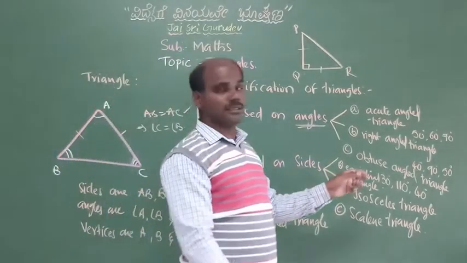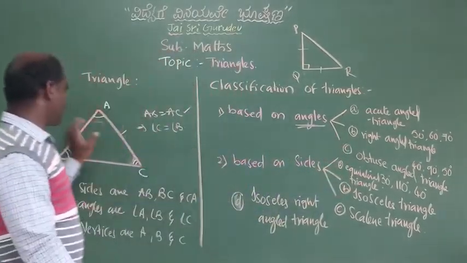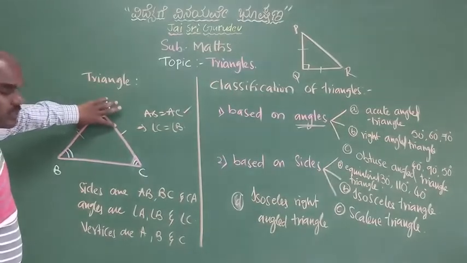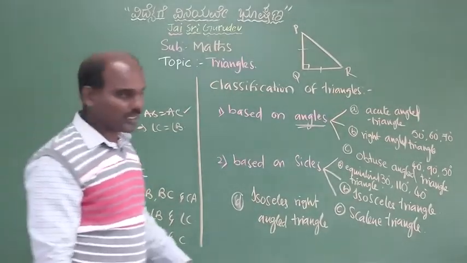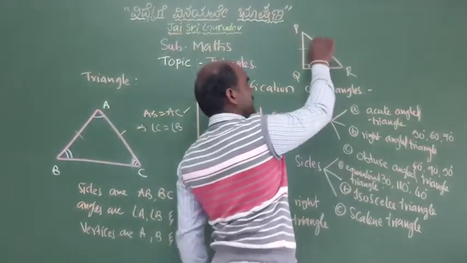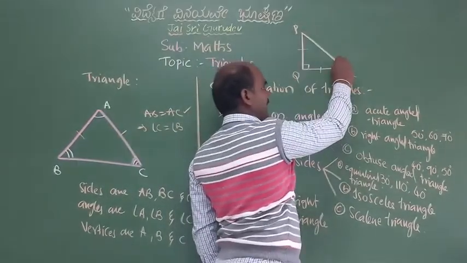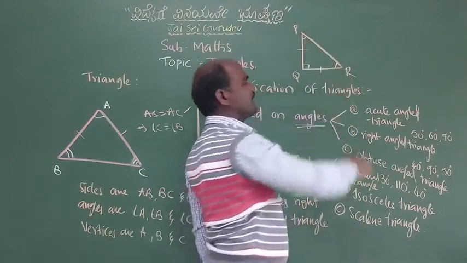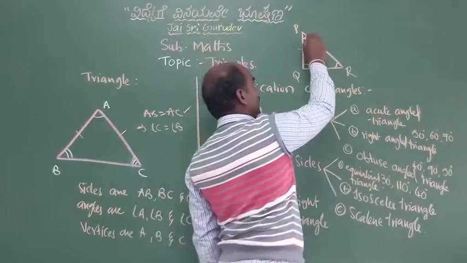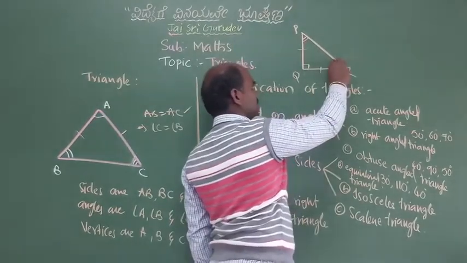Just now we discussed that in an isosceles triangle, when two sides are equal, its opposite angles are also equal. This must also be satisfied here: PQ's opposite is angle R and QR's opposite is angle P, so these two angles are also equal.